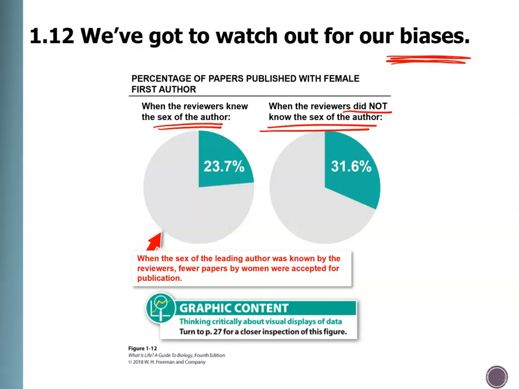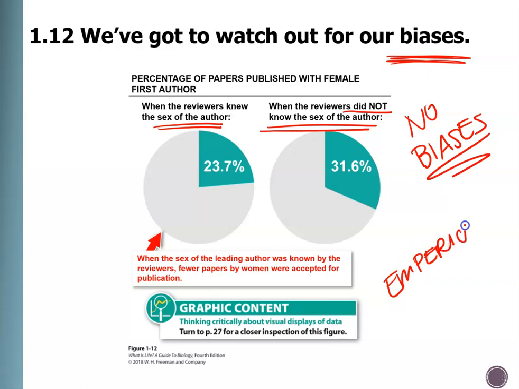And if we're using the scientific method, we do not want any biases. We want to keep that out of our analysis, because remember, science is supposed to be empirical. It's supposed to be fact-based. And if you start bringing in feelings, you're no longer making it fact-based.